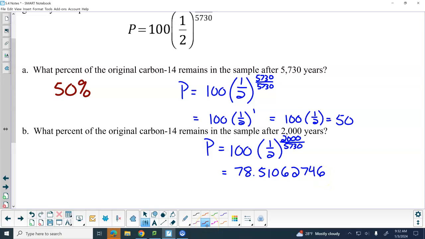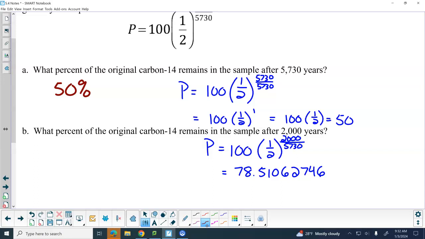What was that? Are you putting the exponent in parentheses? Good, times in between them. Now open another set of parentheses.